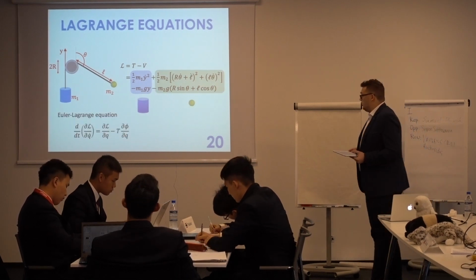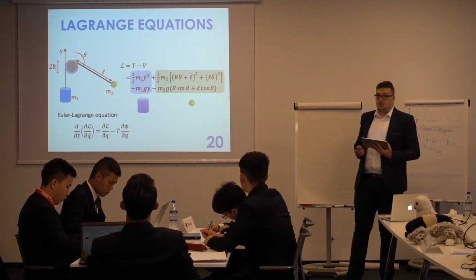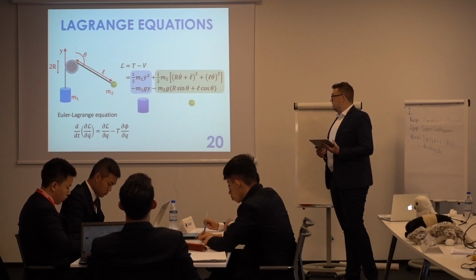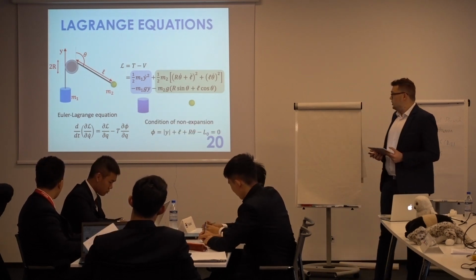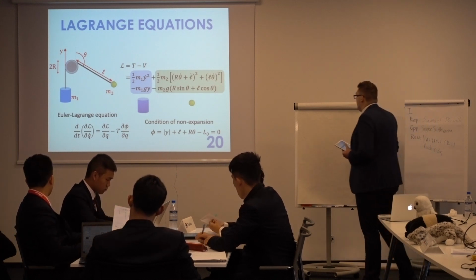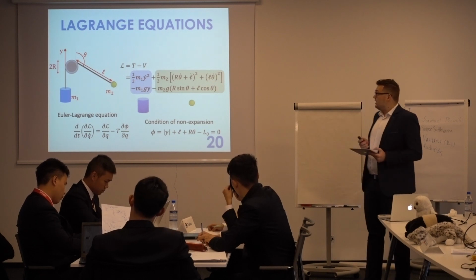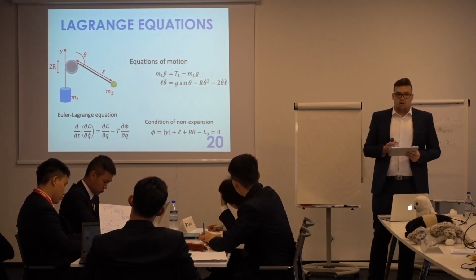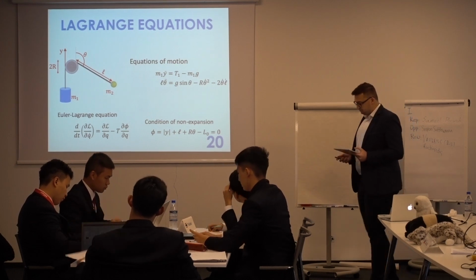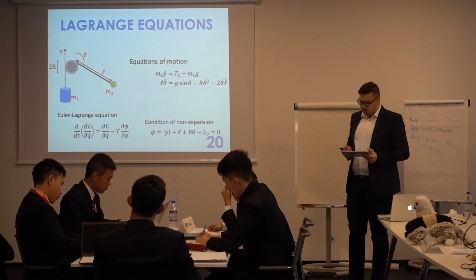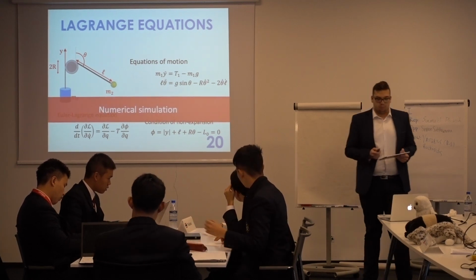Using the Euler-Lagrange equation, where the friction and the Kaplan equation is put into the Lagrange multiplier, and using the condition of non-expansion of the rope, we can obtain equations of motion, where the friction is calculated with the tension. Explicit form is in the appendix. This is all we need for the numerical simulation.